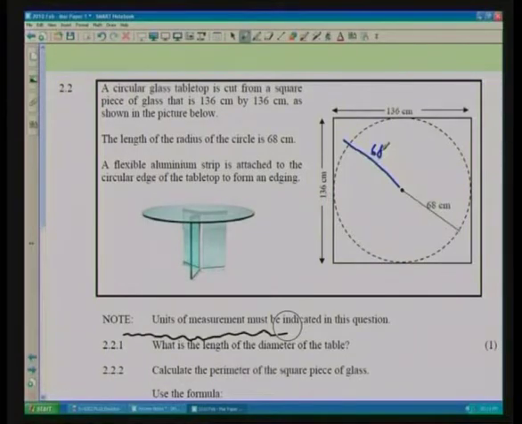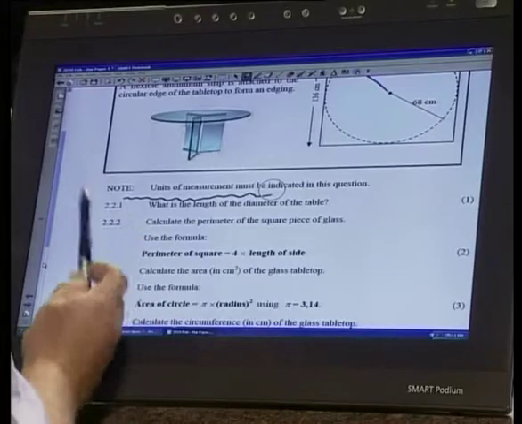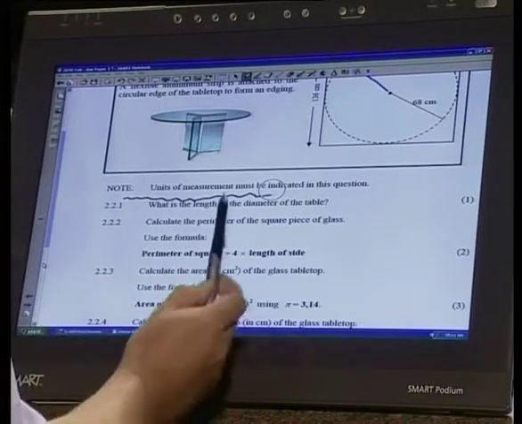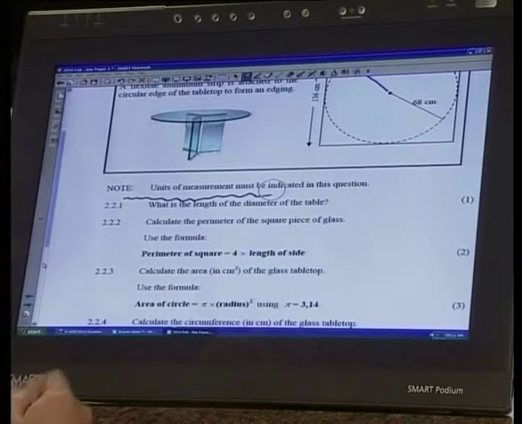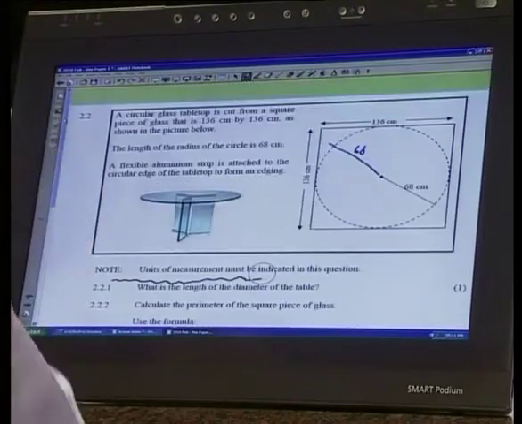Question 2.2 says the following. Calculate the perimeter of the square piece of glass. Okay, so we want the perimeter. What does perimeter mean? Perimeter means basically this, that if I had a shape and I put a little ant on the one corner, okay, back to our drawing.